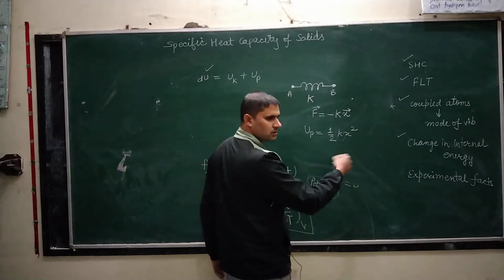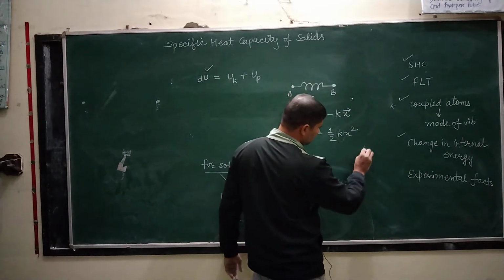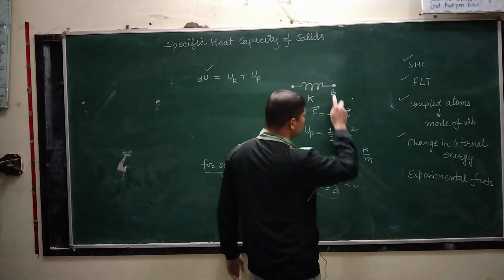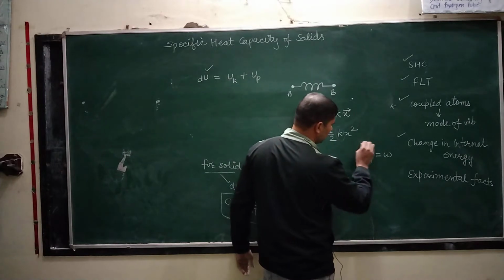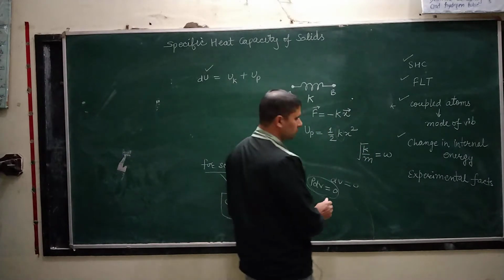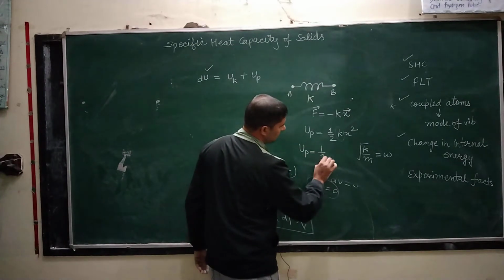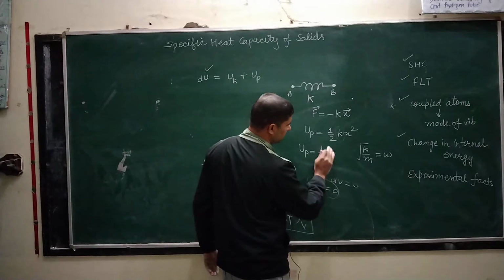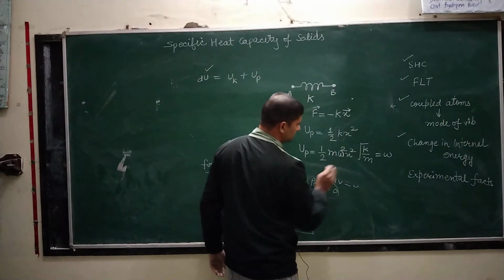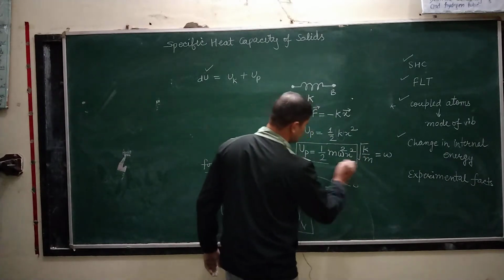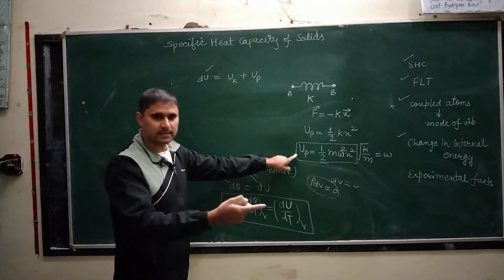How is it related to the frequency of vibration? The square root of K by M, where M is the mass, is equal to omega. Okay class, so this energy is equal to half, you solve it and you will get mass into omega square into x square. So class, this is the internal potential energy.